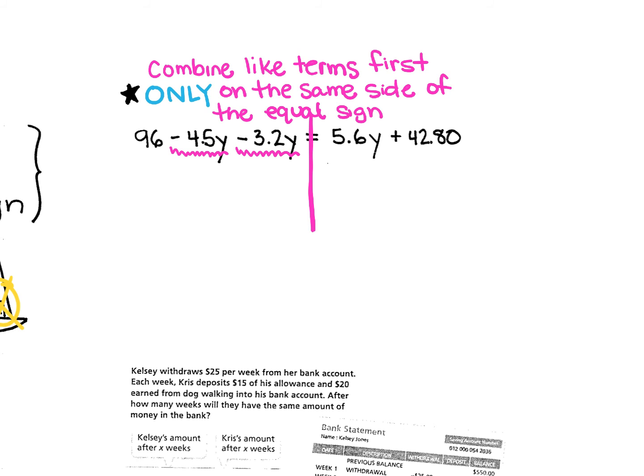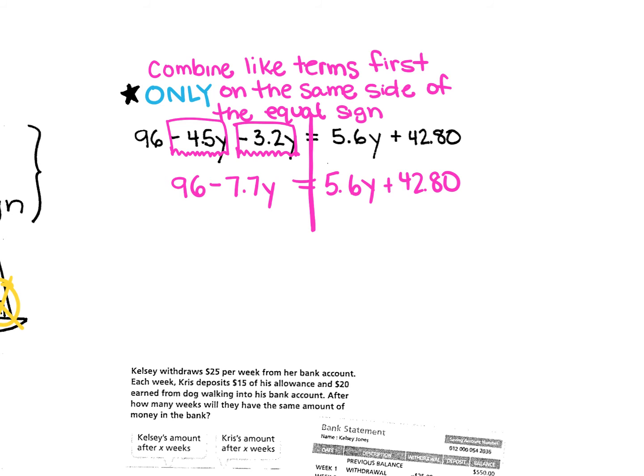So because these are both on the left, we can combine them. So this is going to become 96 minus 7.7y equals 5.6y plus 42.80. Now, because this negative 7.7y is smaller, or it's subtraction or negative, same thing.